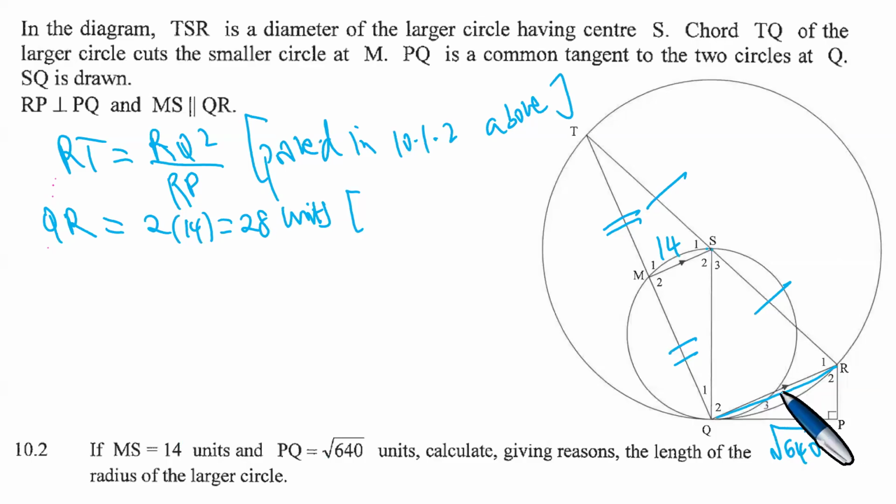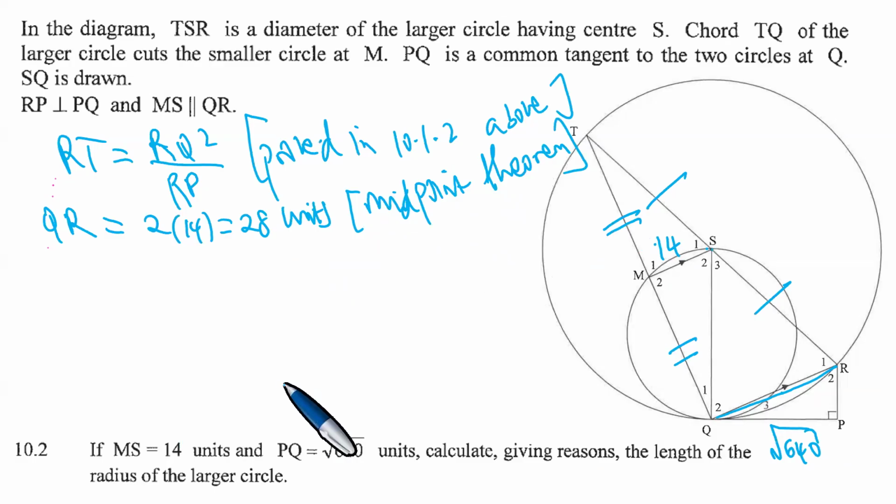So this length is 2 times that one, and QR is 2 times 14, which is 28. The reason is the midpoint theorem.